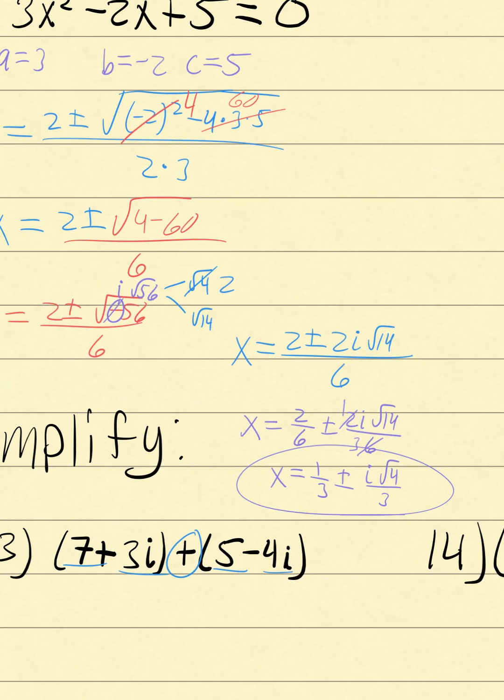So 7 plus 5 is 12. 3i minus 4i is what? Minus, good, yeah, or you can say minus i. That's all you need to do here. You don't need to make these any more complicated than they are.